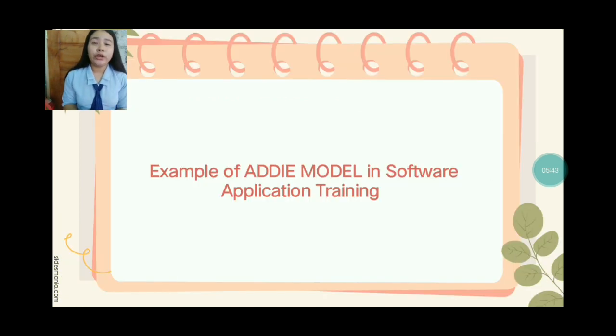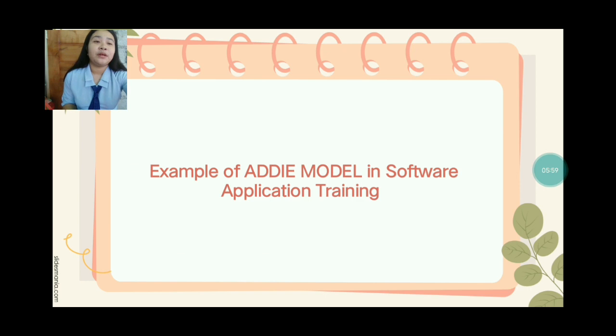So, in order to further understand the five phases of the ADDIE model, I have here an example. This example of the ADDIE model is in software application training.